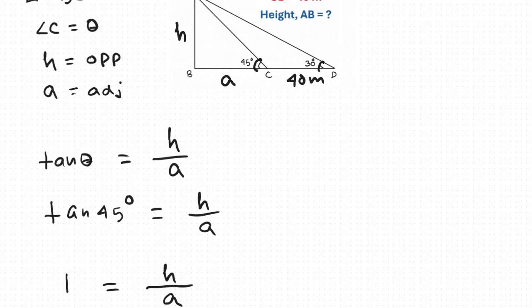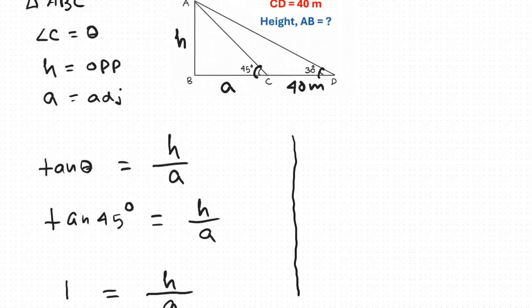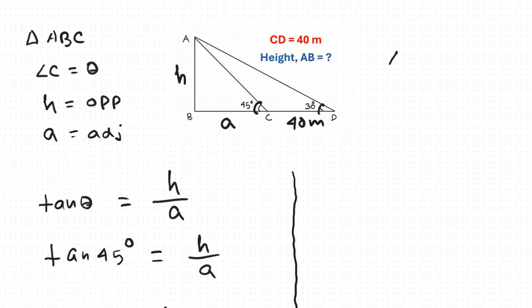Next we can consider the other big triangle, which is triangle ABD. In this triangle we can consider angle D as theta, and the opposite side H is the same as in the last triangle.